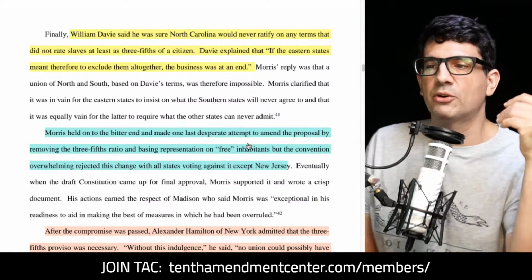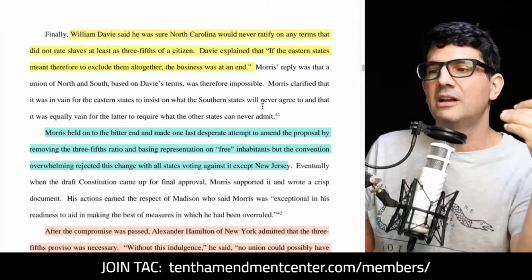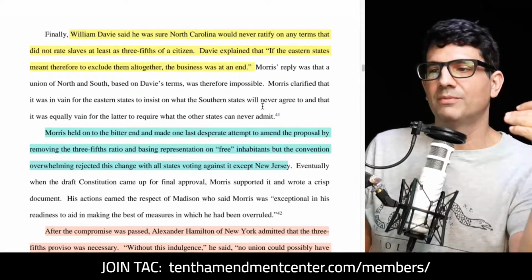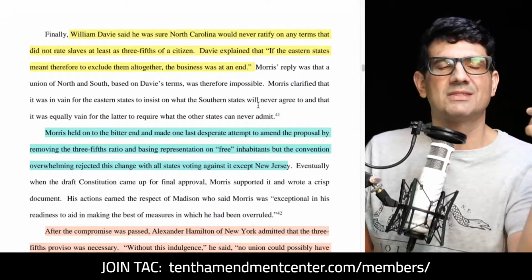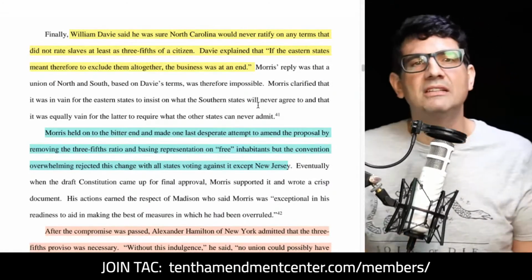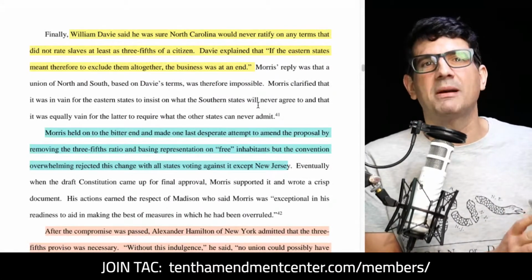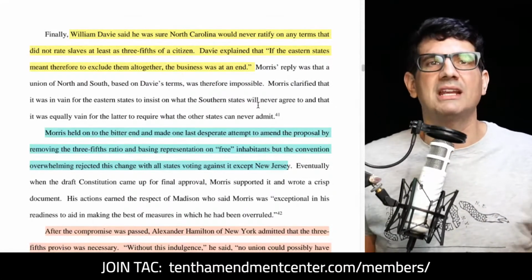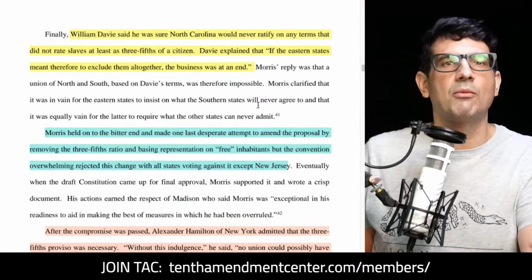Governor Morris held on to the bitter end and made one last desperate attempt to amend the proposal by removing the ratio and basing representation on free inhabitants. So there was a proposal in Philadelphia to say, we're counting everybody, but it's going to be based only on free inhabitants. He went for all, he went for zero, just like Davey said, we're not on board.